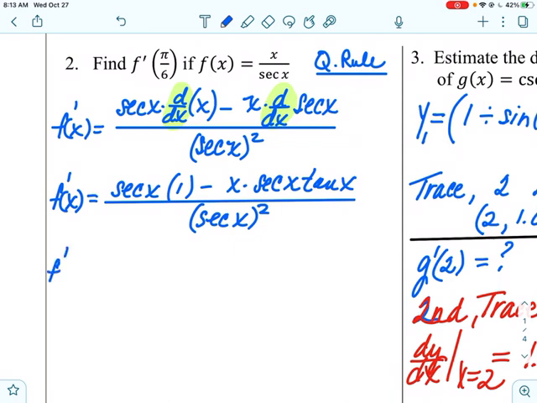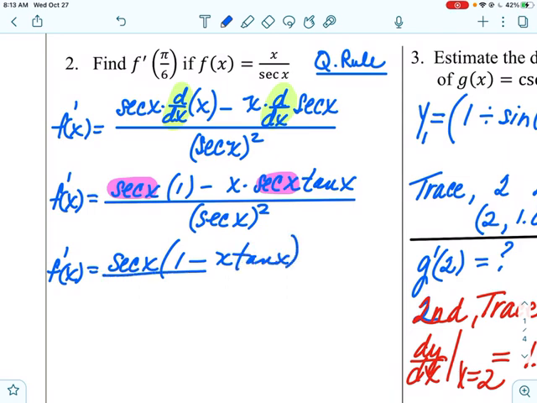So f prime of x is equal to, and I've got a secant x in 2 terms, so I'm going to factor out a secant x here and here. If I factor out the secant x, that leaves me with a factor of 1 minus x times tangent x, and that's all over secant x squared.